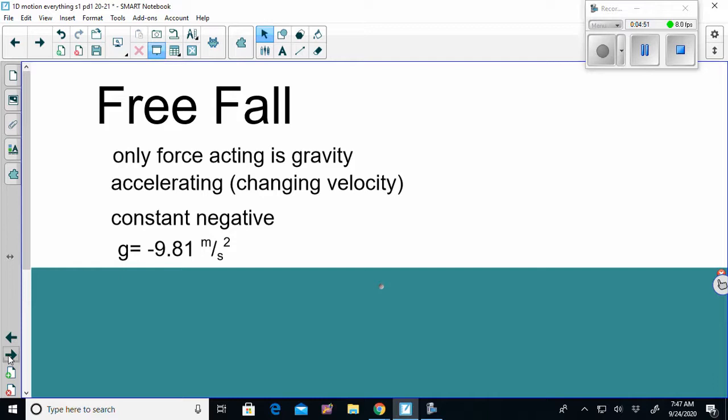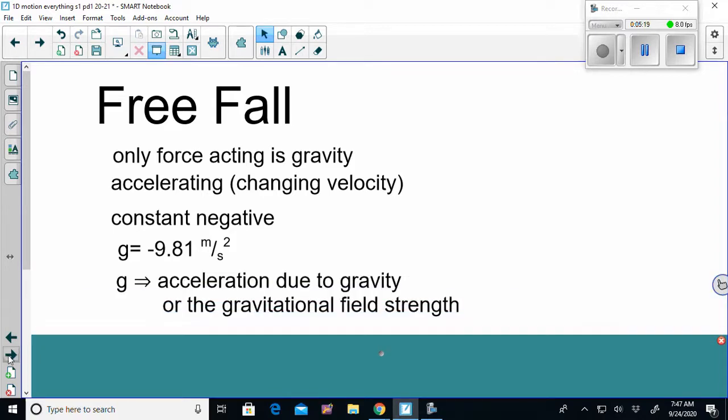Okay, little g, we're going to call it the acceleration due to gravity. Its value is negative 9.81 meters per second squared. So anytime an object is in free fall, that means the only thing acting on it is the force of gravity. It's accelerating at a rate of negative 9.81 meters per second squared.